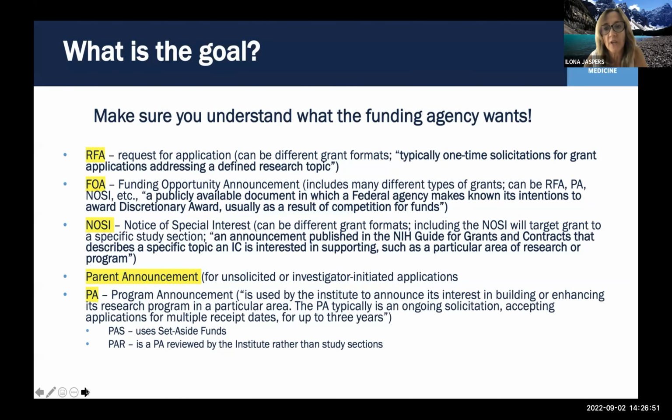They can be funded by set-aside funds. Those are PASs. Or PARs, which are actually reviewed by the institute rather than the scientific study sections that are normally convened for your unsolicited awards. So just make yourself aware of what it is that you're doing and who is potentially seeing your award.